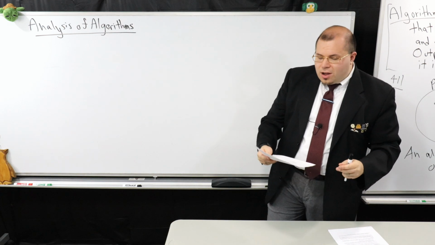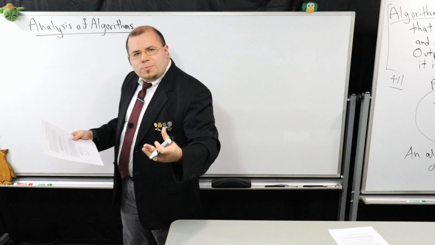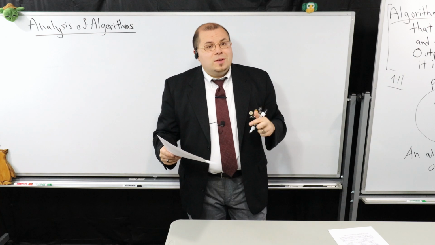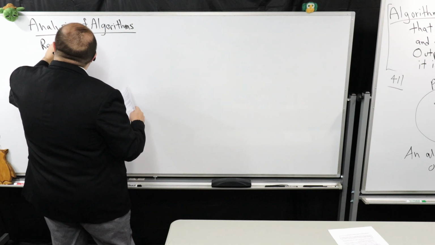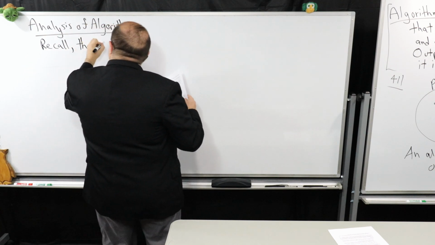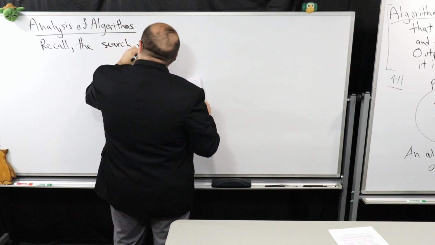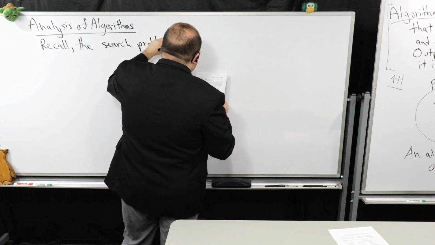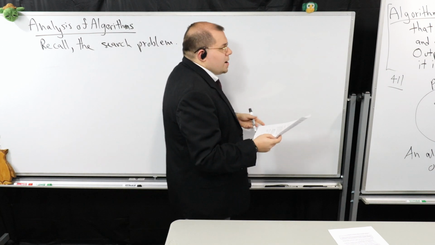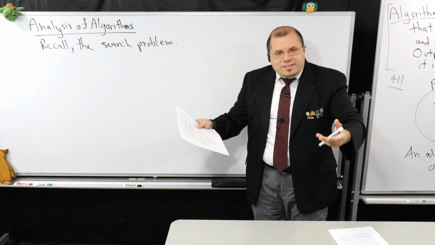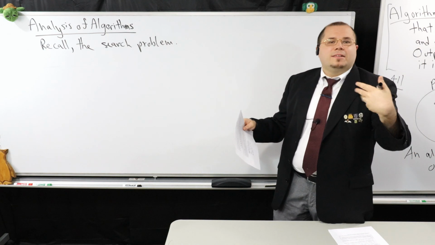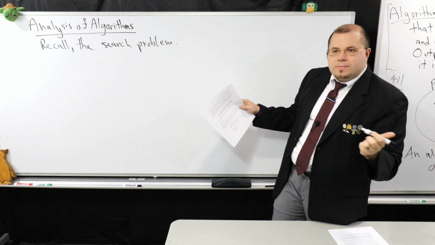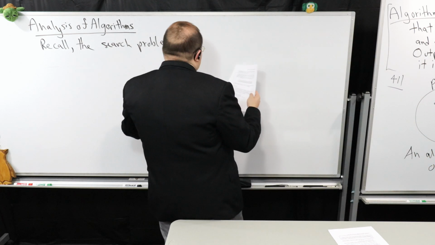So I'm going to start off by revisiting one of the problems that we talked about earlier. Recall the search problem. I'm going to assume that the set S I've talked about previously is just an array, because I can encode all the elements as an array, and that's perfectly fine for our purposes here.